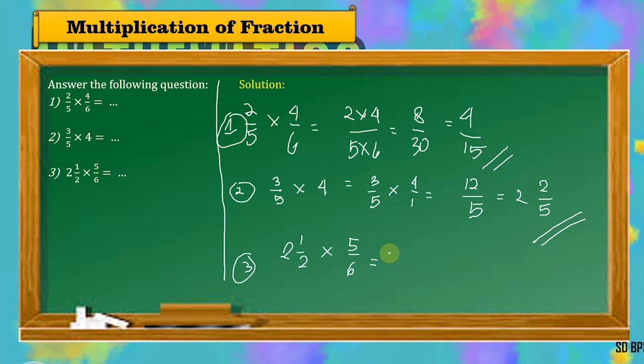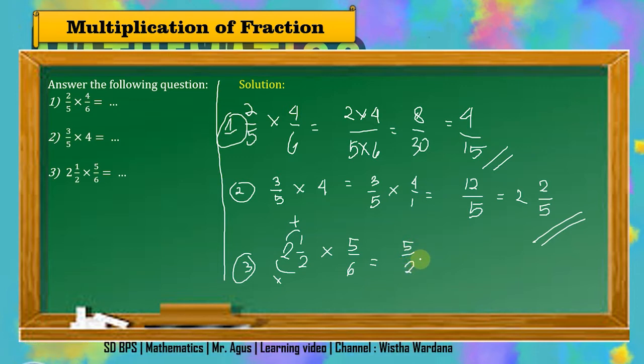I suggest you count this problem carefully by changing the mixed fraction into an improper fraction first. To do that, you multiply 2 by 2, and after that add 1 to the result. So you will get 2 times 2 is 4 plus 1 is 5. 5 per 2.